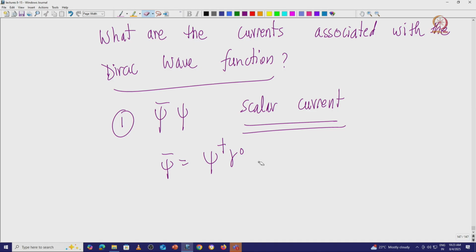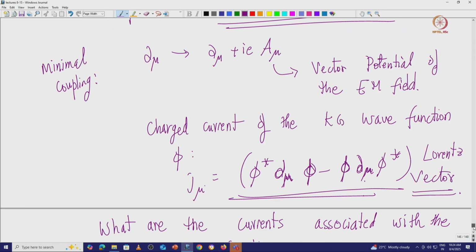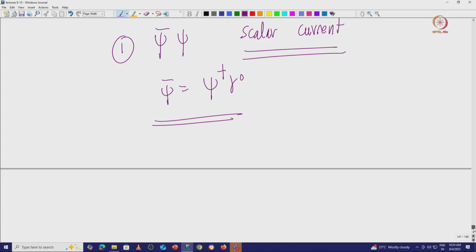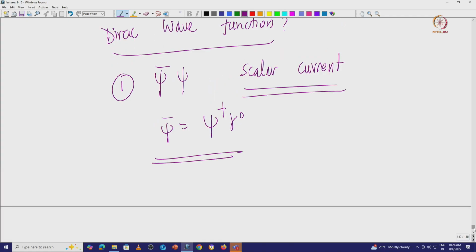You remember that we introduced this gamma 0. So psi bar psi is always a scalar. This I think we discussed when we introduced the Dirac equation. So this is a scalar current. The second kind of current which you can have... this transforms as a scalar.